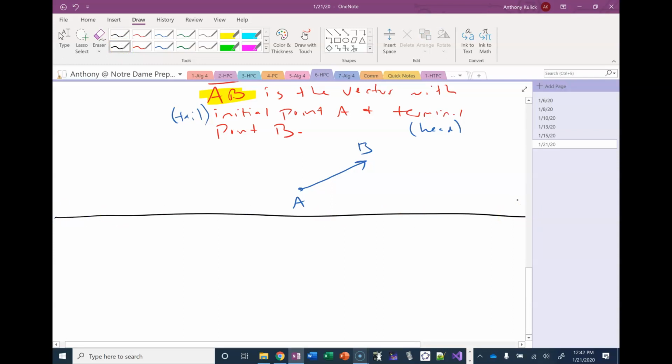So the first one is going to be going from a pair of points to component form.